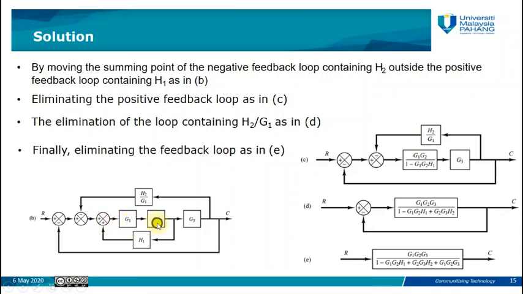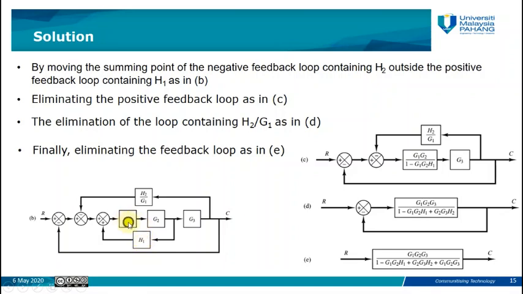Now G1, G2 become in cascade and can be easily combined. When G1 and G2 are in cascade, we have H1 as the feedback for this G1, G2. Now G1, G2 is the new single transfer function for these two blocks, and it has one feedback, which is H1.